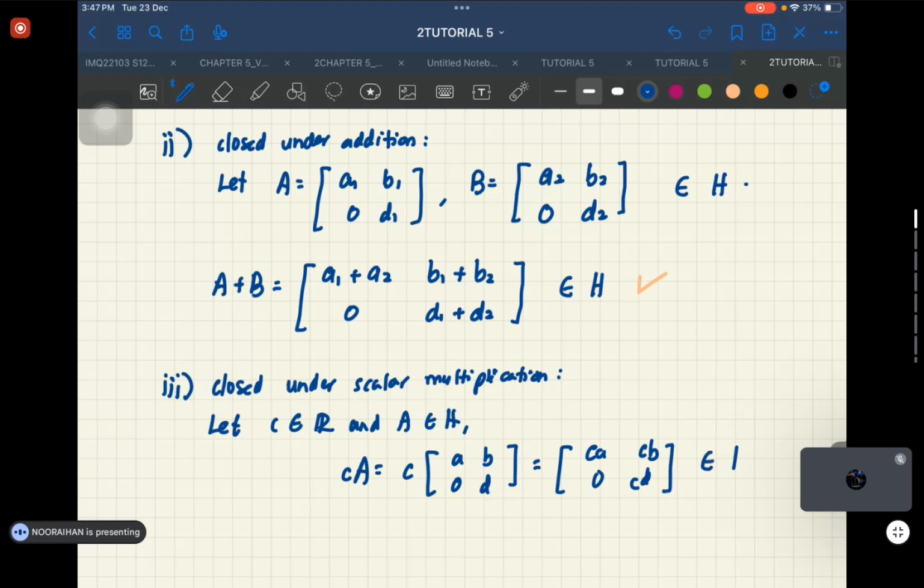This is also an element of H. So it also passes the third condition, which is closed under scalar multiplication. So since H contains the zero matrix and is closed under addition and scalar multiplication, H is a subspace of matrix 2 by 2.